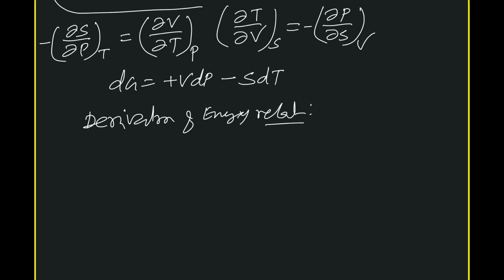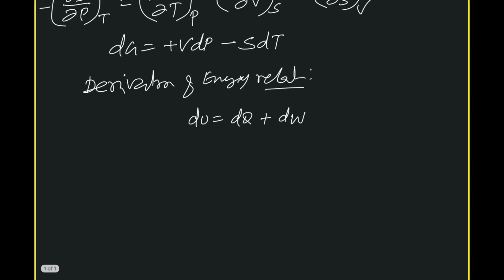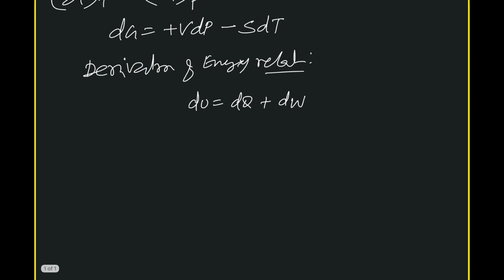Okay, so starting from the first law, we have dU equal to dQ plus dW, and we will make use of the relations for reversible processes. For a reversible process, we have dQ equal to TdS, and for W we have minus PdV.